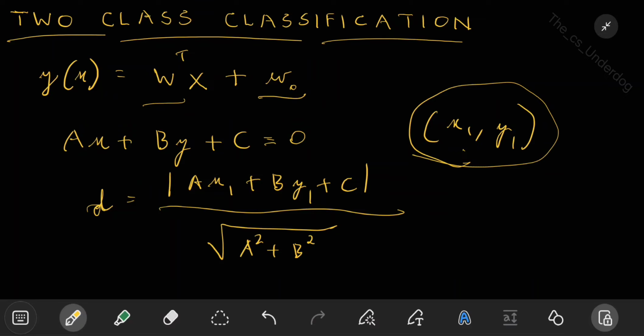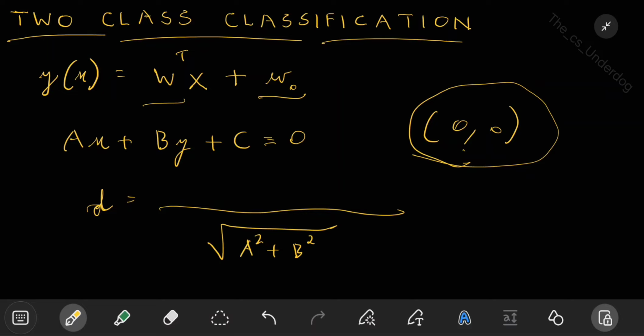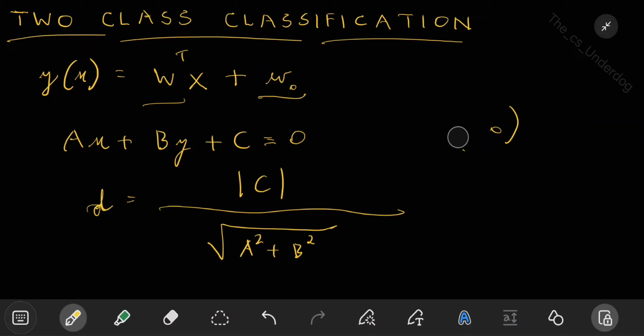So the same equation, if you consider that instead of a random point x1, y1, it is the origin, that is 0, 0, then the normal distance will become, ax1 will be 0 because x1 is 0, by1 will also be 0 because y1 is 0. So this boils down to c divided by root of a square plus b square.